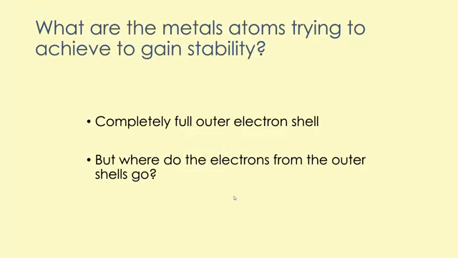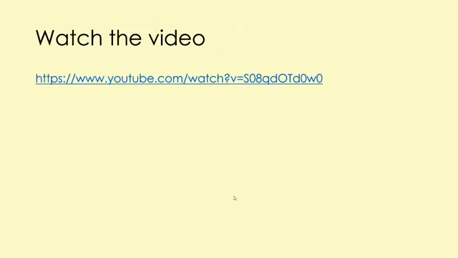Those electrons have got to go somewhere. In ionic bonding, it was easy because those electrons were given to a non-metal which wanted to gain electrons. So it all worked out nicely. But if you've got just metal atoms, then there's no atom that those electrons can be given to. So instead, they become delocalized.